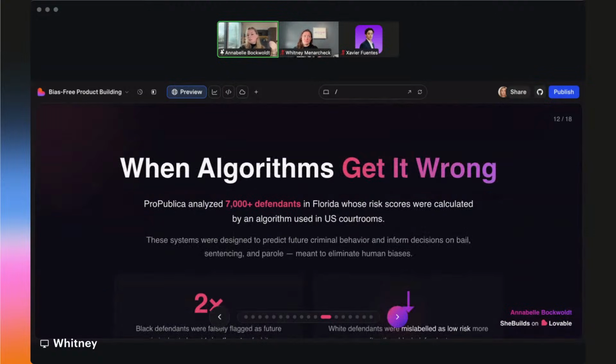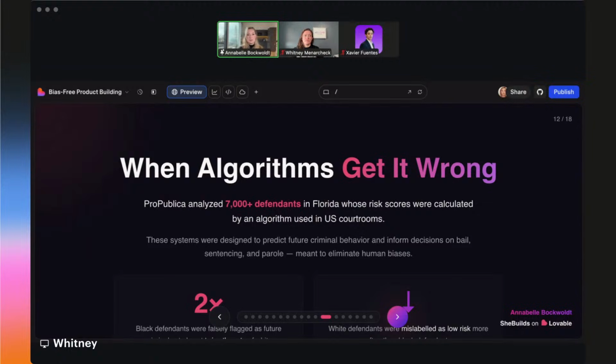There's an NGO and investigative journalism platform called ProPublica, and they analyzed 7,000 defendants in Florida. An algorithm was calculating the risk scores for these defendants on the probability that they would commit another crime.